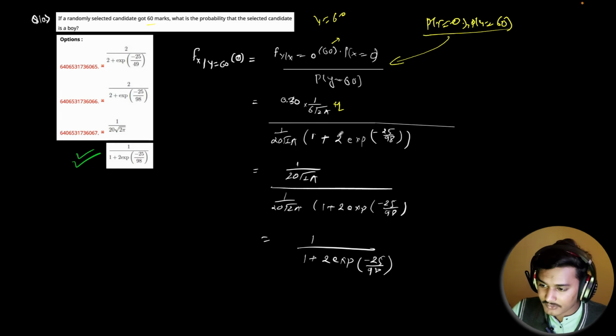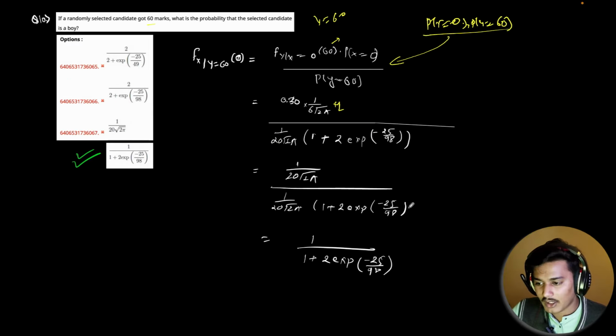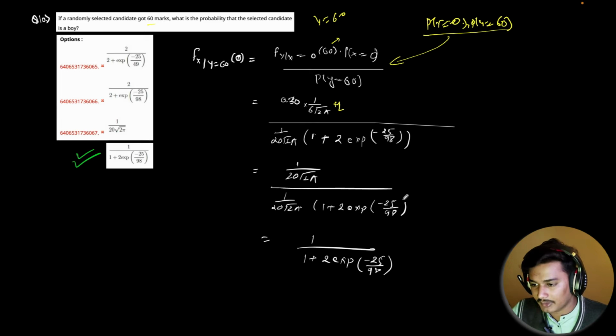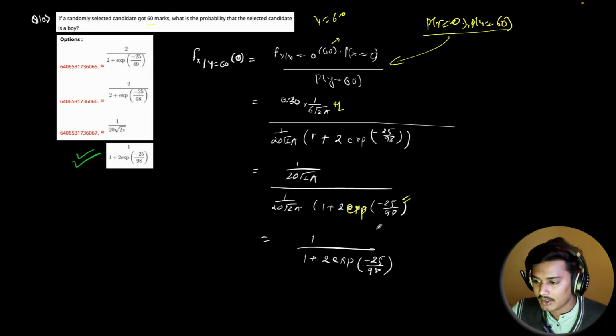Similarly put 60 here. So this will be 0, so it will be 1 plus 2 into exponential of 60 minus 55, that is 5 upon 98. So 5 squared, that is 25 upon 98. So here will be 25 upon 98. 1 plus 2 exp of minus 25 upon 98, because this minus is outside, and 1 upon 20 root 2 pi.